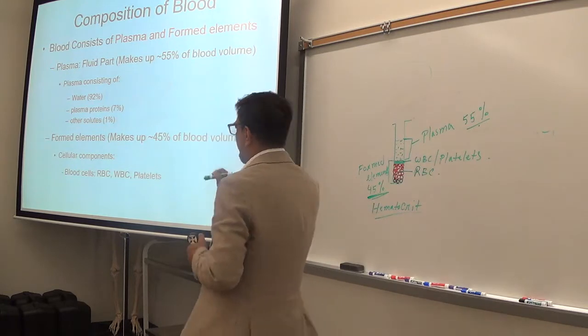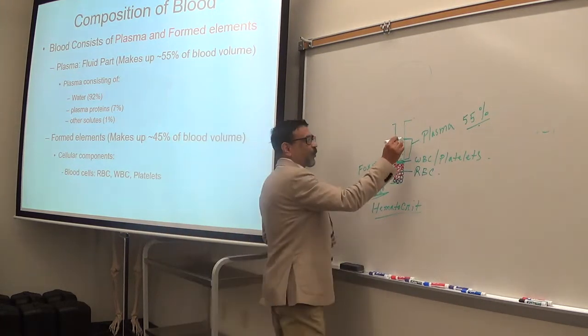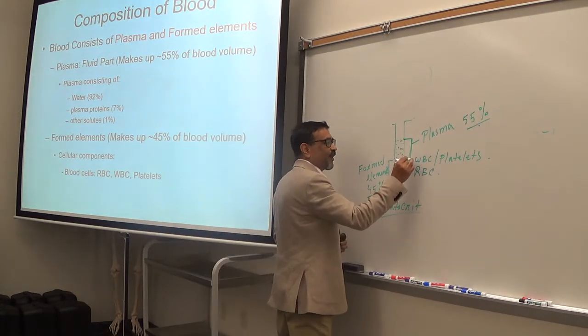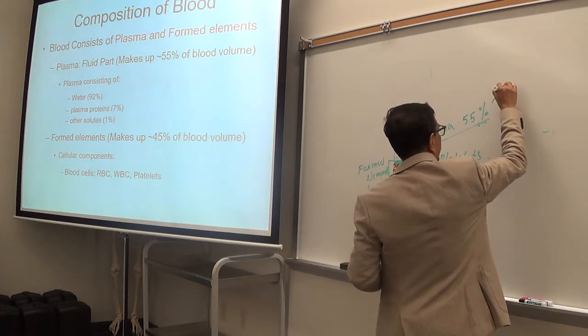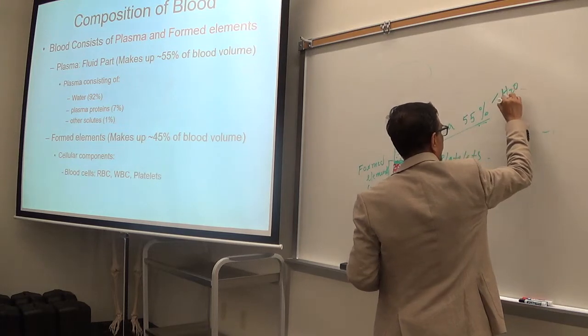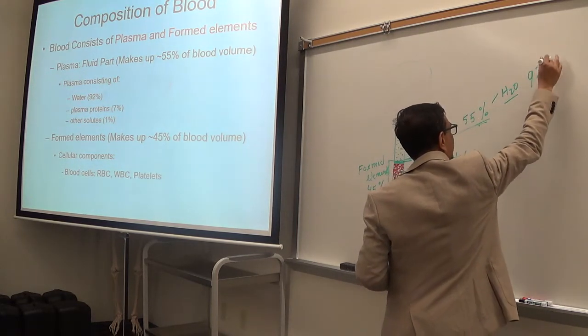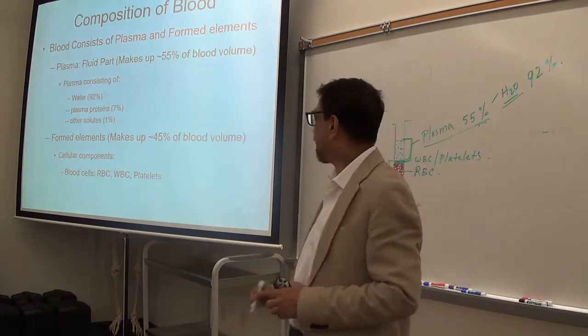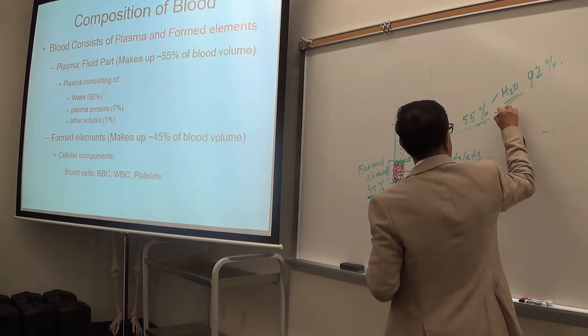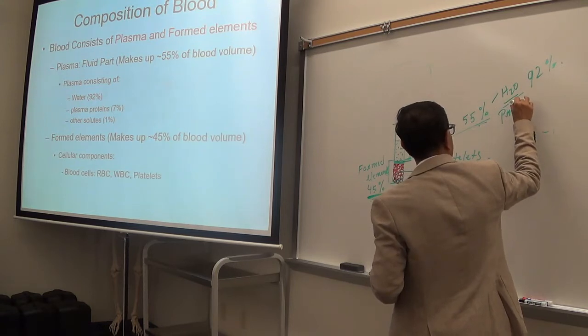Okay, so now, if you see the liquid part, plasma, you have water in it, mostly water, about 92% volume of plasma is water. Proteins, those are called plasma proteins.